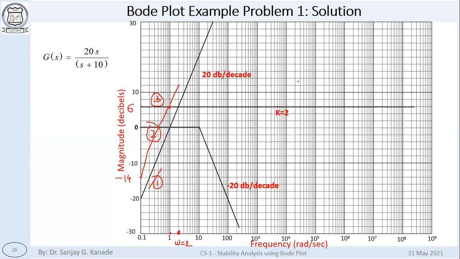Can you guess what is happening here? I have also uploaded a video of how to draw a Bode plot on the semilog paper, and I will share the link with you.